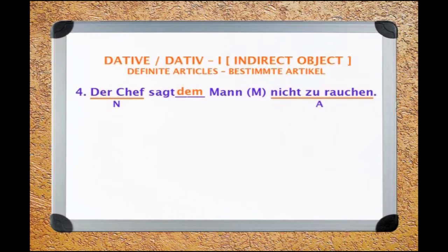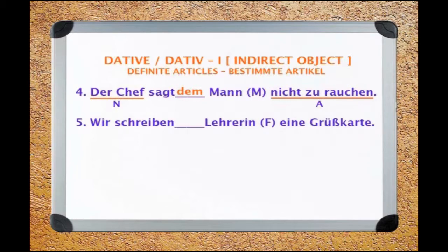Now let us look at sentence number 5. Wir schreiben Lehrerin eine Grußkarte. Grußkarte means a greeting card. Now here again we have to first spot the nominative. We have the nominative as a pronoun, which is wir. Now we have to formulate a question, who writes? For that we have wir. Who writes what?